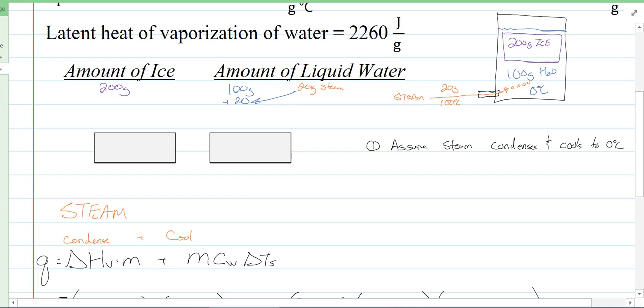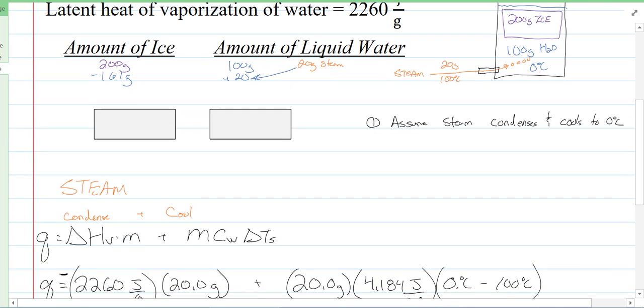And we're subtracting 161 grams of ice melting, and we're adding the 161 grams to the water. So it looks like for ice, I have 39 grams of ice. And for water, we have 231 grams at the end. So we melt most of the ice, but not all of it.